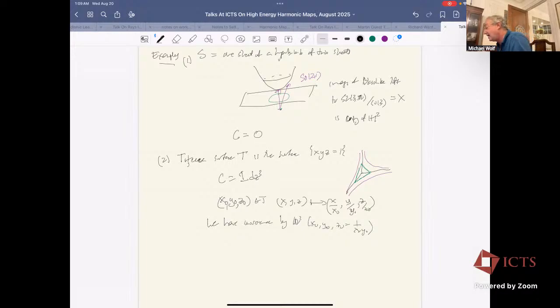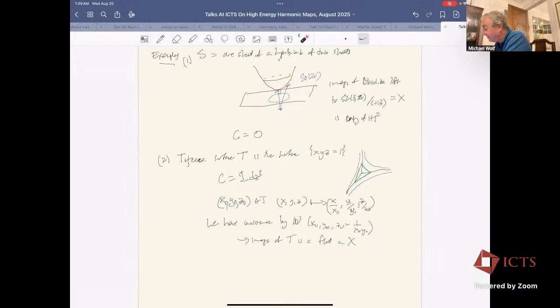So this has a flatness to it, and so under the Blaschke lift, the image of T is a flat in this symmetric space X, which I defined up here.